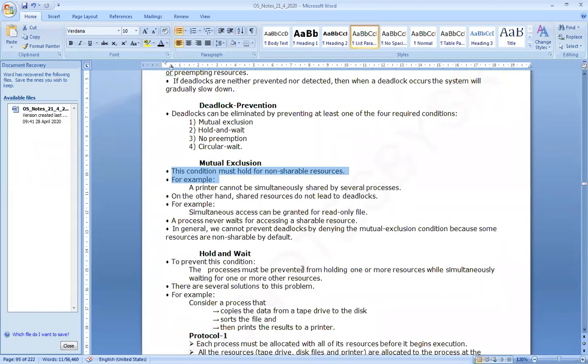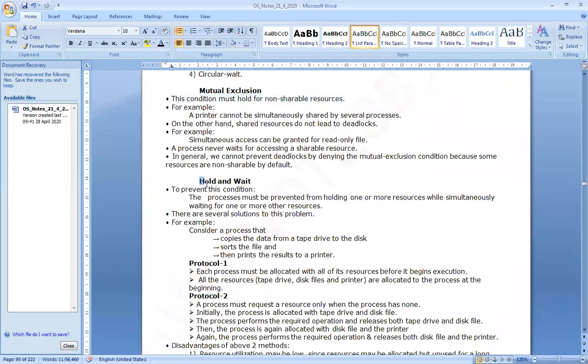Next one is hold and wait. To prevent this condition, the process must be prevented from holding one resource while simultaneously waiting for another resource. If I am able to create a situation where the process is not holding any resource and is not waiting for one more resource, then there is no blocking situation.